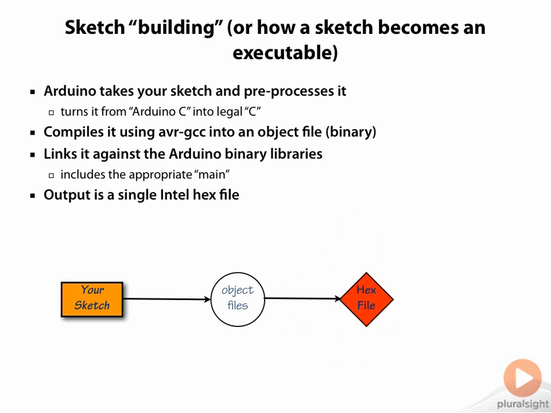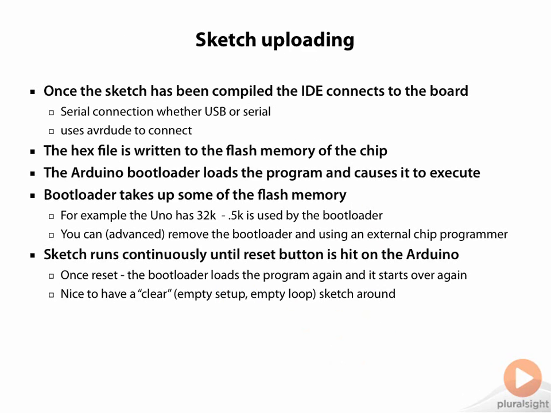And the hex file is the thing that's actually going to get uploaded to the board. The board is uploaded to using something called AVRDude. If you want to get into advanced scenarios with Arduino, you can actually use another tool called a chip programmer in order to upload your sketch, really your binary at this point.